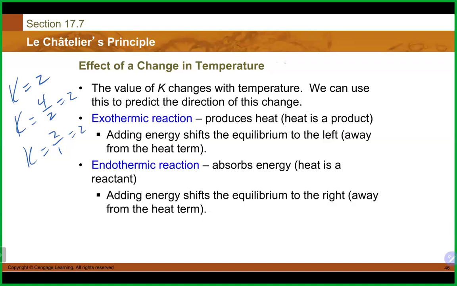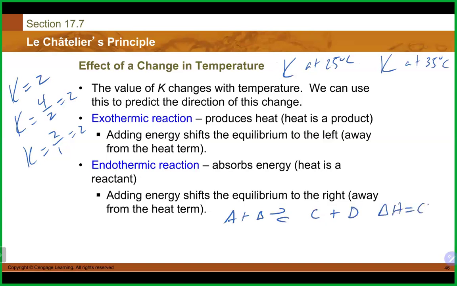But it will differ if you look at your K value at 25 degrees Celsius versus your K value at 35 degrees Celsius. It also depends on the type of reaction as to how the value would change. So for example, if we take a reaction like this here, and our delta H is positive, which means it's an endothermic reaction, in this case heat would be a reactant.